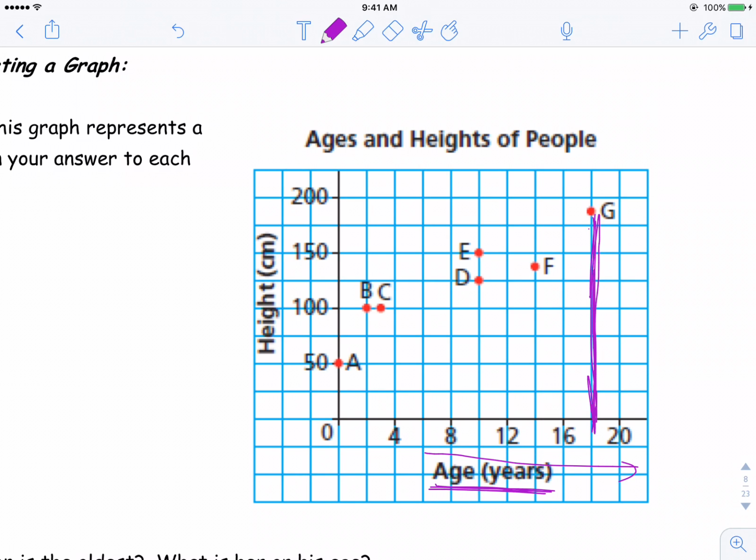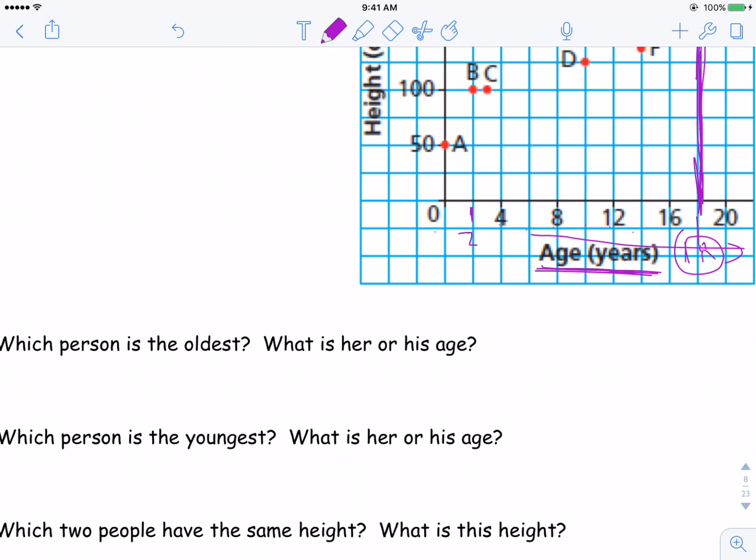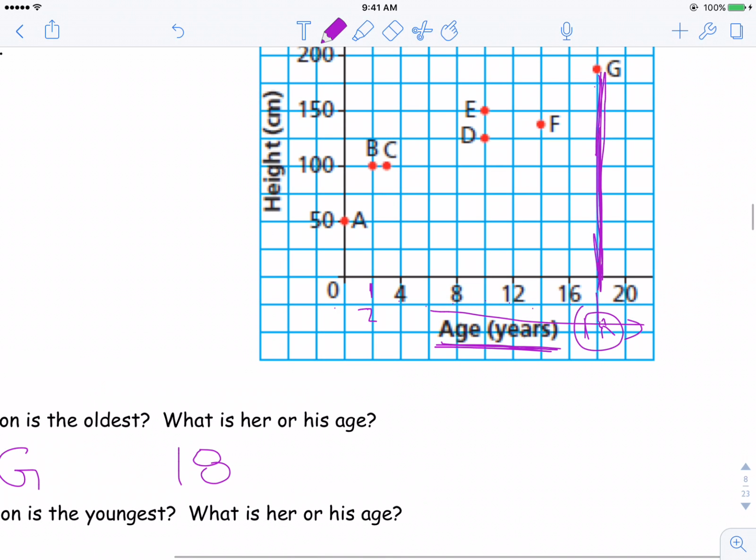Remember to make sure that you look at your scale, how the numbers are divided for each box. Each box here is representative of 2, so it goes 0, 2, 4, 6, 8, 10, 12, 14, 16. This would be 18, okay? Not 17 like you might think, or 19, one less than 20, but 18 because each of the boxes is 2. So that person is person G, and he or she would be 18 years old.